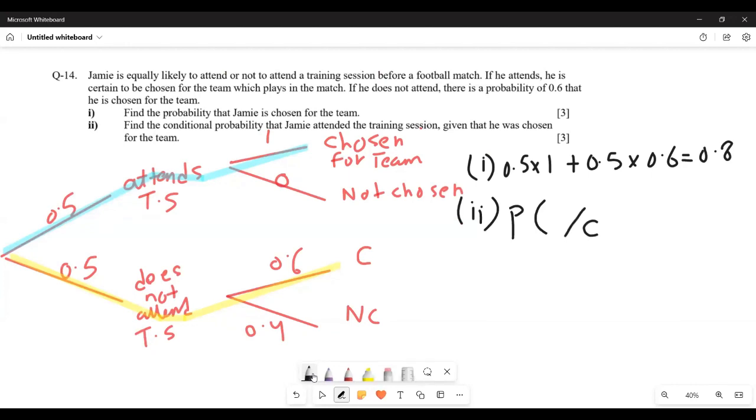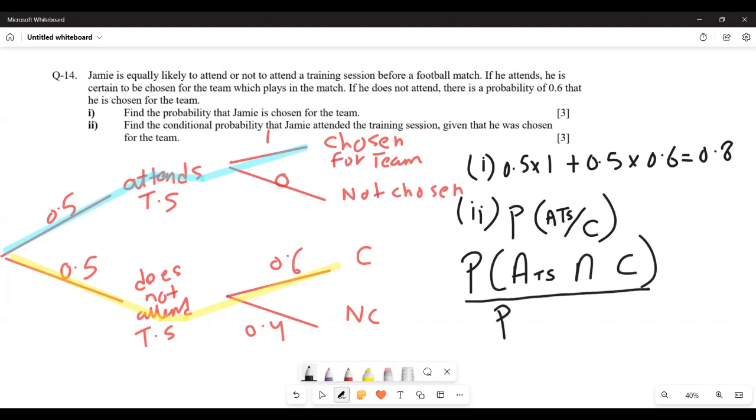So the probability that he attends the training session and gets chosen for the team upon the probability that he gets chosen for the team.